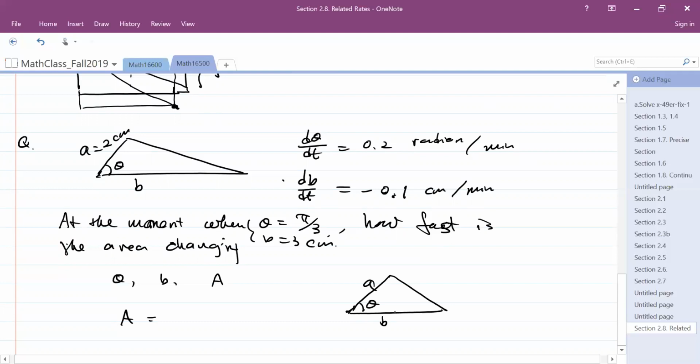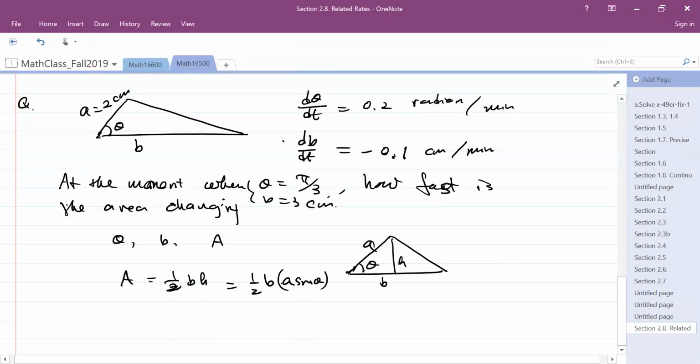If you know the height, it's half of b times h. You just need to express the height in terms of theta and a. So a sine theta is going to be the height. So it's going to be half of a, b, and sine theta.